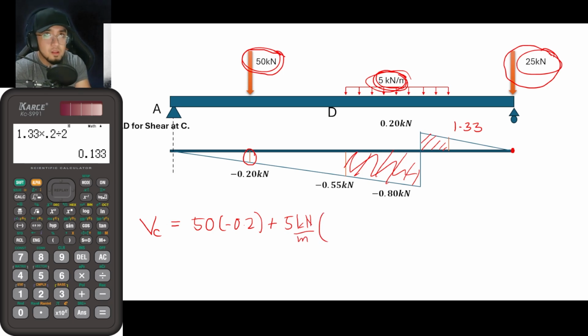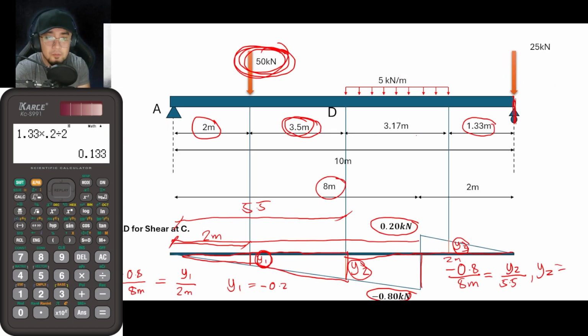If you can remember, the area of the trapezoid is basically equal to height 1 plus height 2 divided by 2 times the length, or the average of these dimensions multiplied by the length. The thing is, I forgot the dimension. So let me just go back here.